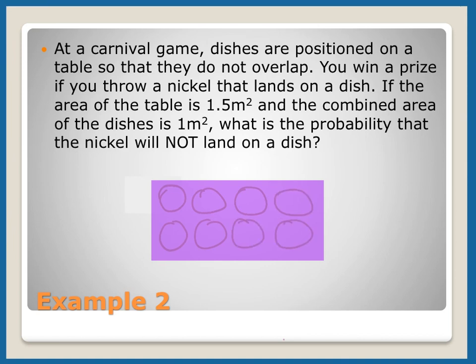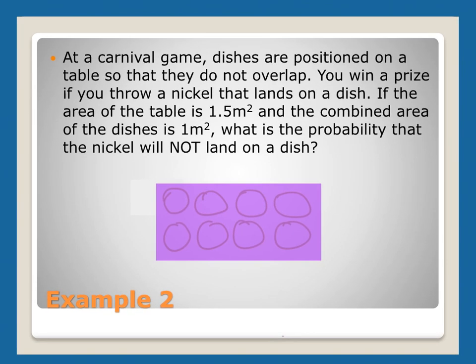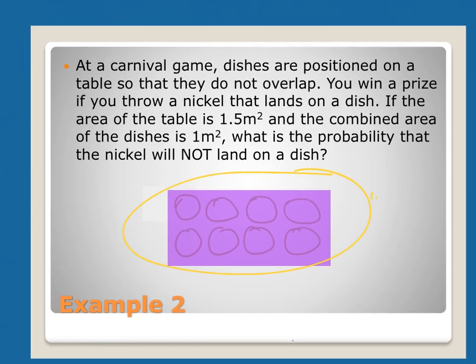And then what we also know is that the area of the entire table, so the entire thing, is 1.5 meters squared. And the combined area of all the dishes, so if I had added the area of all these dishes, whether it be 2 dishes or 3 dishes, however you set it up, the combined area of all of those is 1 meter squared.